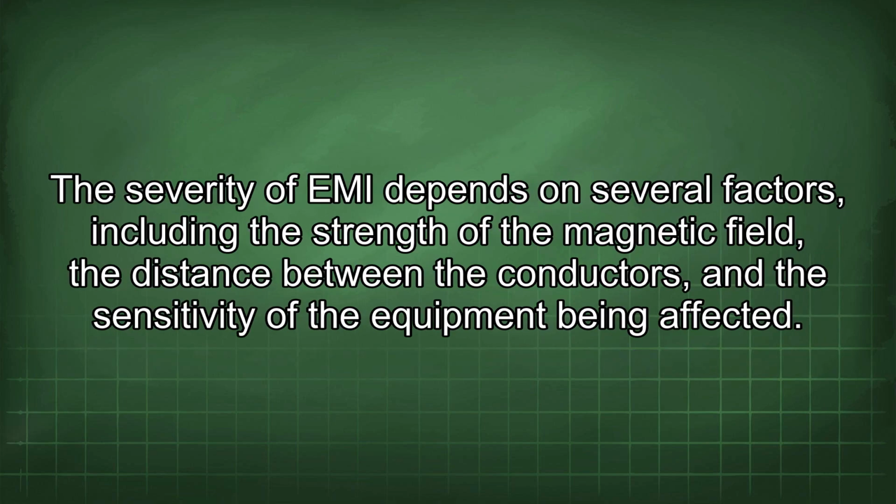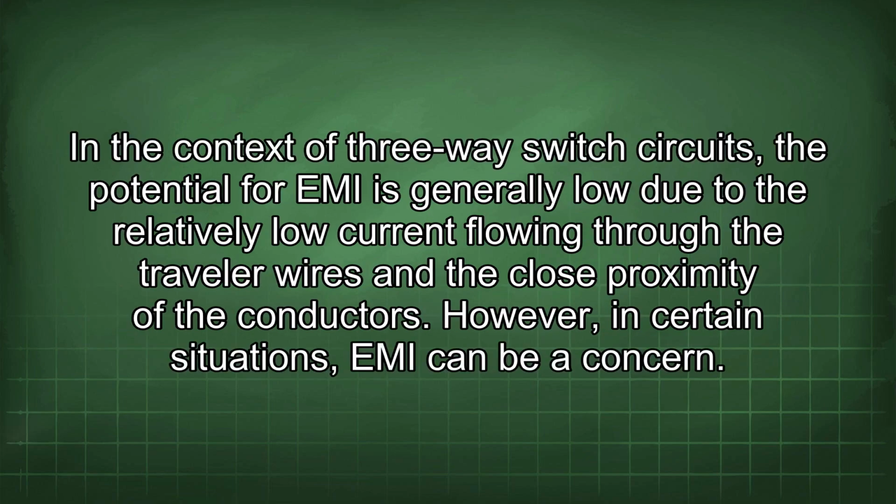The severity of EMI depends on several factors, including the strength of the magnetic field, the distance between the conductors, and the sensitivity of the equipment being affected. In the context of three-way switch circuits, the potential for EMI is generally low due to the relatively low current flowing through the traveler wires and the close proximity of the conductors. However, in certain situations, EMI can be a concern.